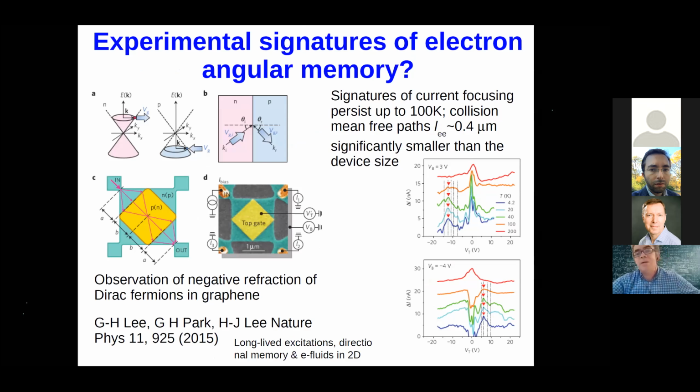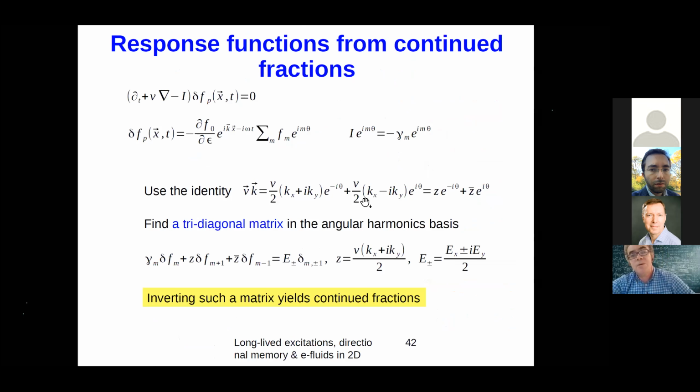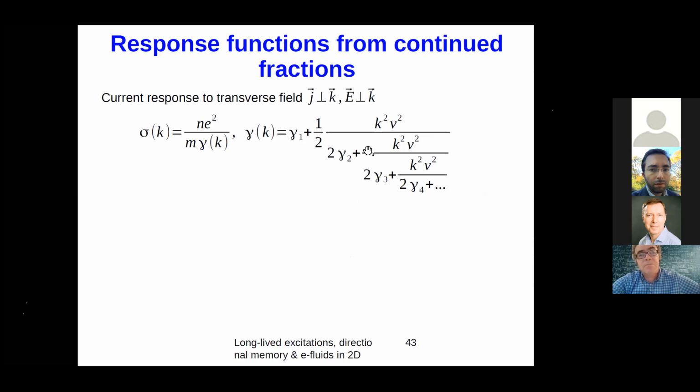Okay. I'm sure someone will ask: are there any experimental signatures? Maybe we can talk about it later. It's also an interesting question how you use this to calculate response functions, and there is an interesting story about that. The scale dependence that I advertised can be obtained from a continued fraction formalism.